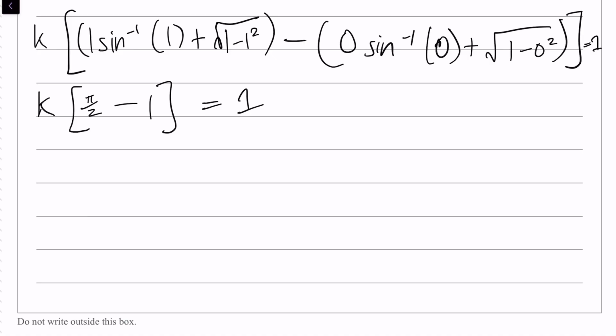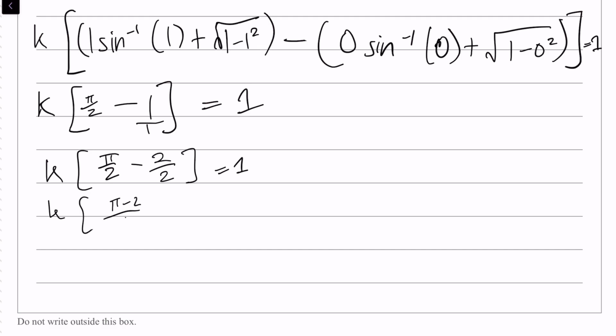And then now I can easily just do my fractions, so make these two fractions have the same denominator. So pi over 2, I'm going to times 2 on the top and bottom for my second fraction. And then I'll combine those fractions together with a common denominator.